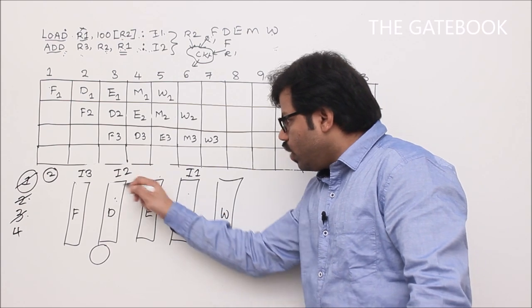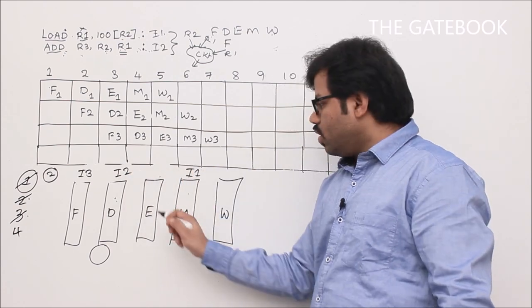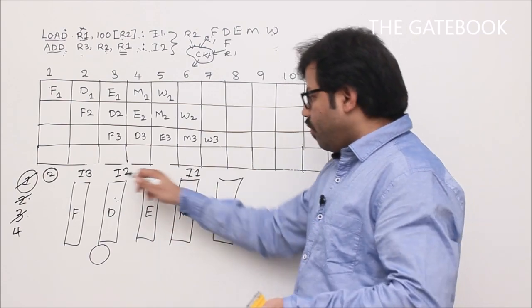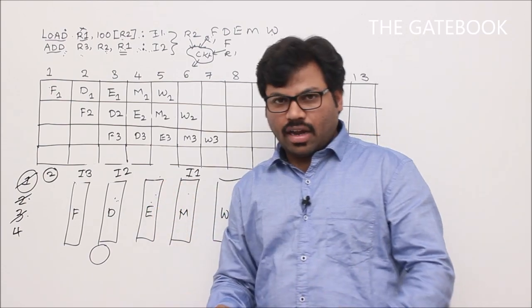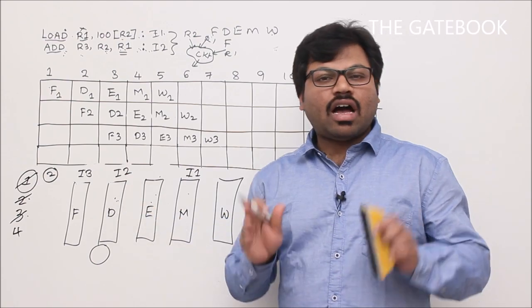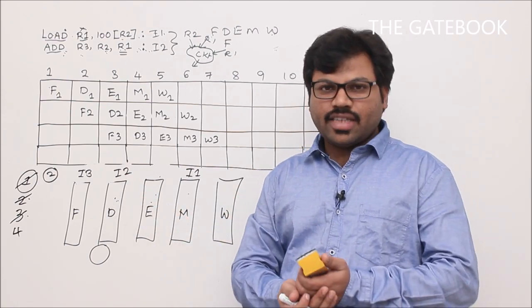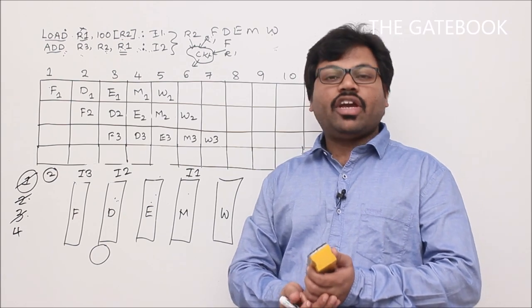Now if I2 brings all its essential details to the execution stage, I2 also gets executed, but that should not happen. We have to stop it.